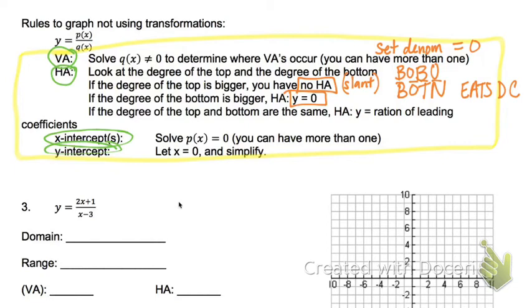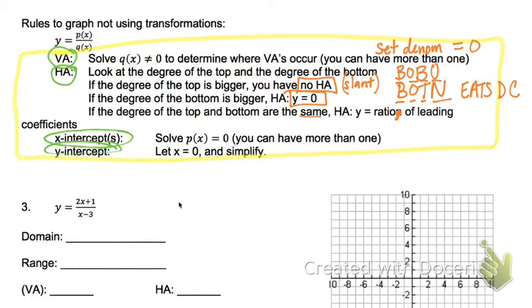So bigger on top, none. So far we have bigger on bottom, 0. Bigger on top, none. If they are the same, then you look at the coefficients of the numbers in front, and that is the ratio. So that should say ratio of leading, not ration.